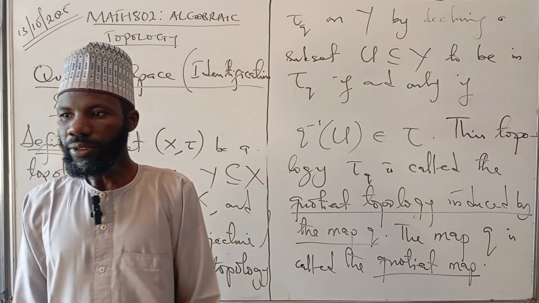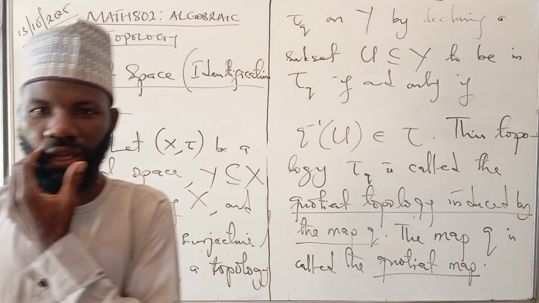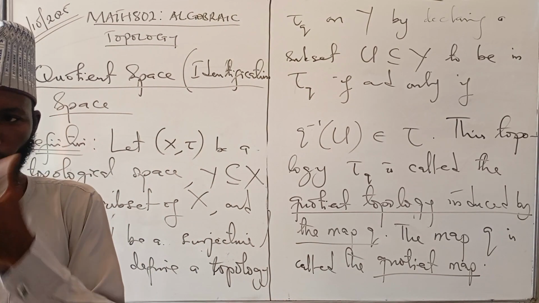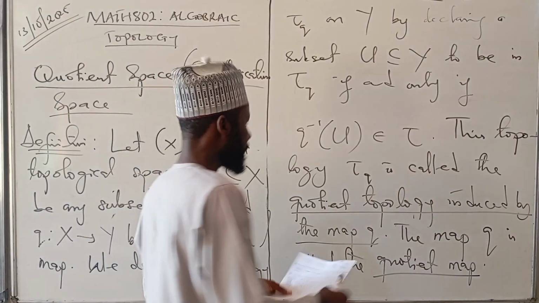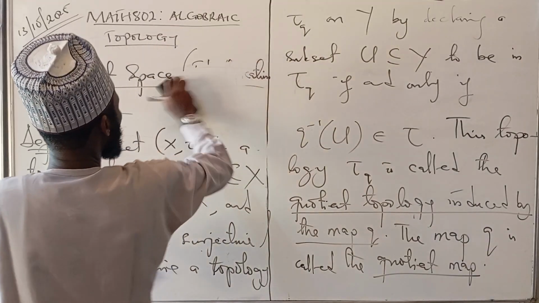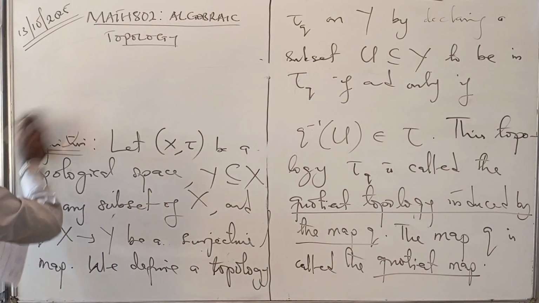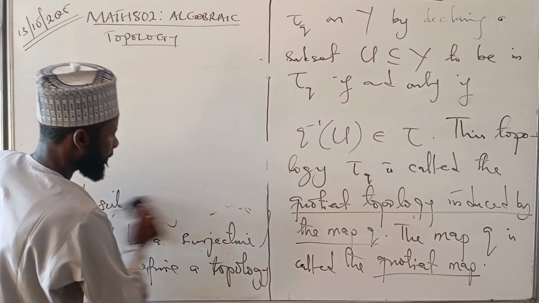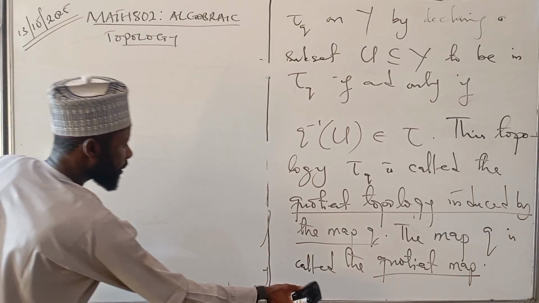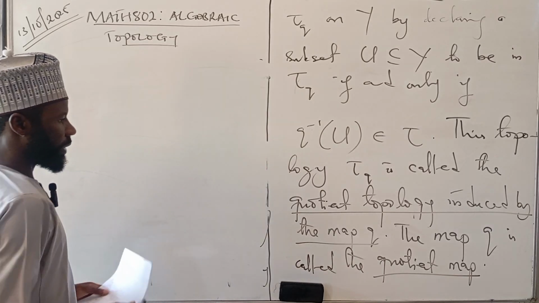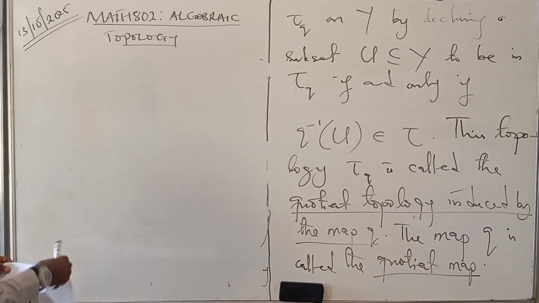Okay? Actually, this is not the quotient space, but let me define the quotient space, what is commonly known as the quotient space. But then you always have a quotient topology in this way.